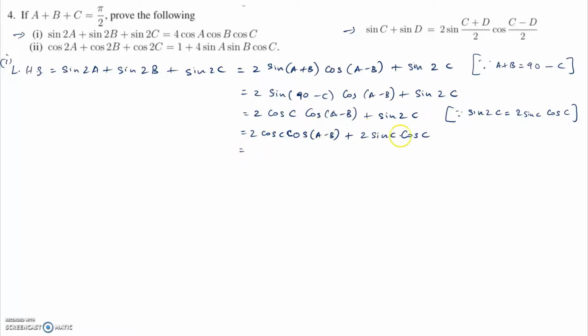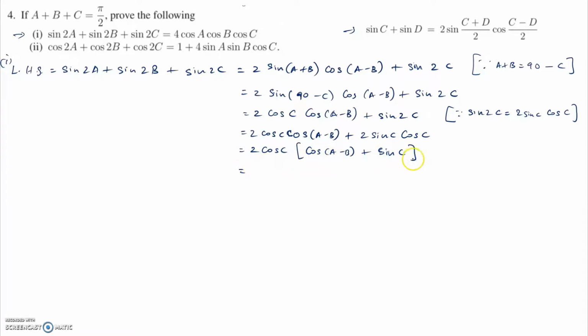Now, we have 2 cos c as common, so let us take that out. So, 2 cos c into cos(a minus b) plus sine c.